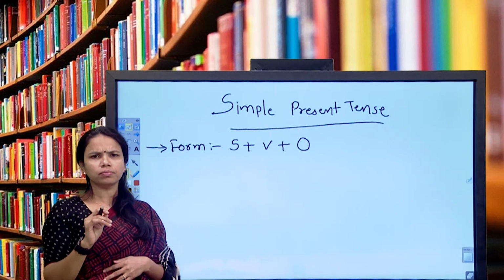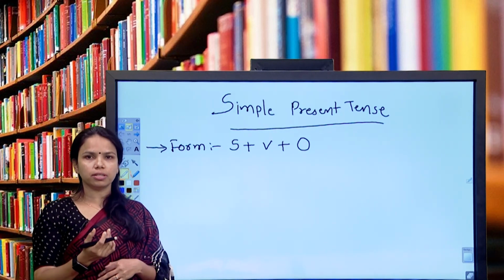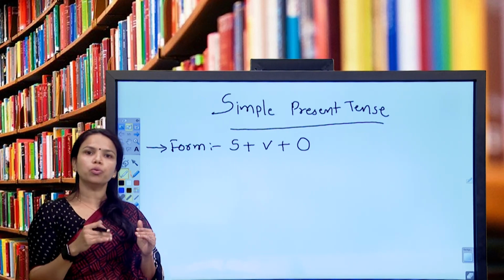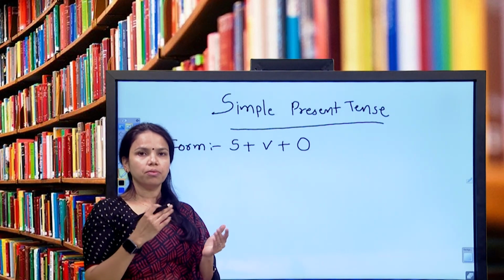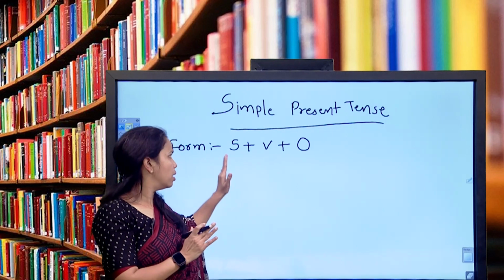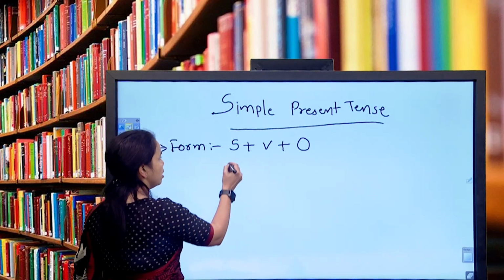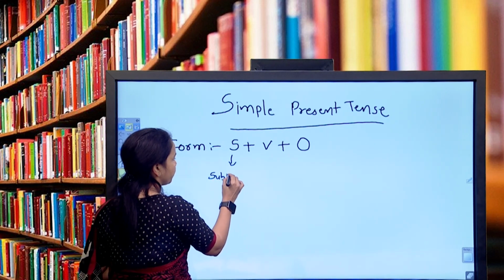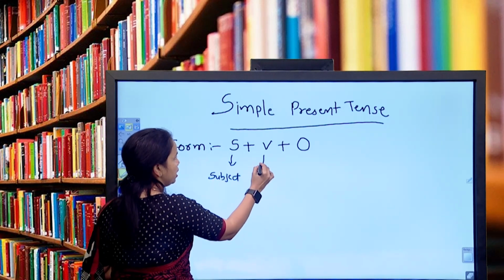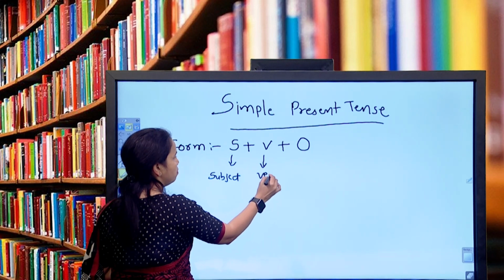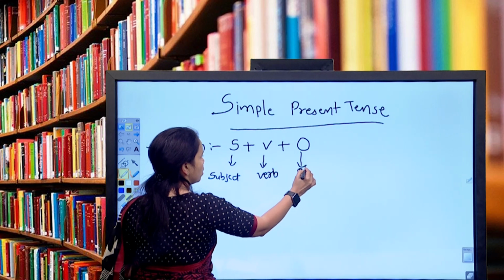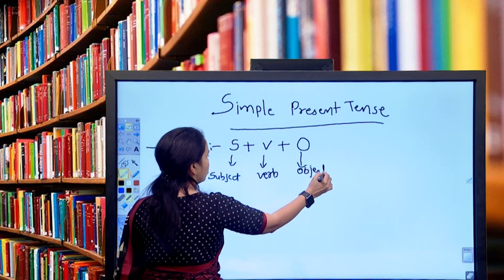In each and every tense the structure will be the same. First there will be a subject, S stands for subject, V stands for verb, and O stands for object.